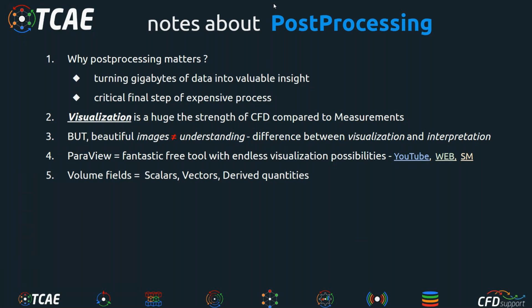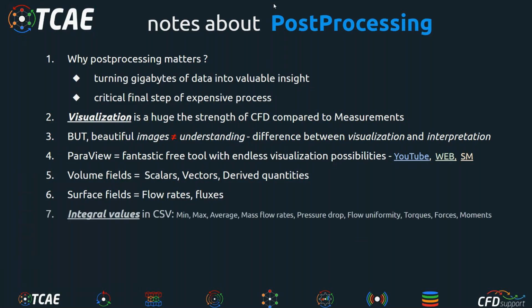And then there are derived quantities. There are the volume fields, which live in the volumes, in the space. There are surface fields that live on surfaces, which are typically flow rates or fluxes, for example. So that's the group of visualization, right? To see it is sometimes really important.